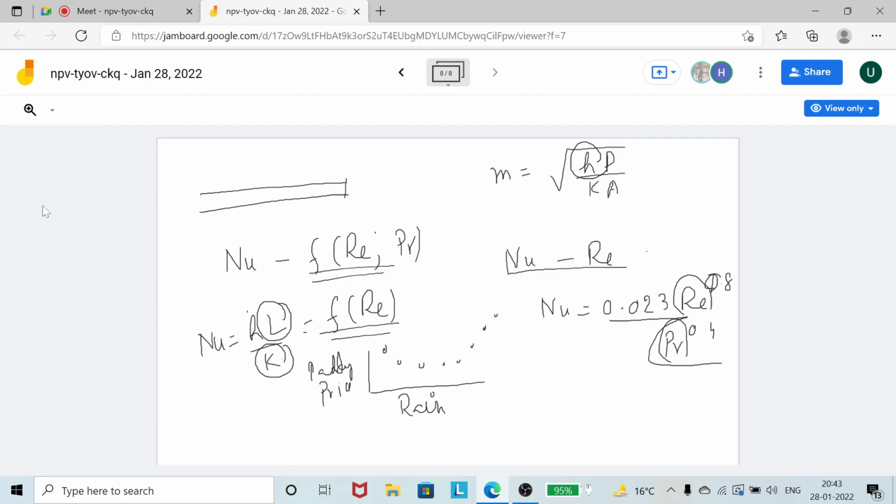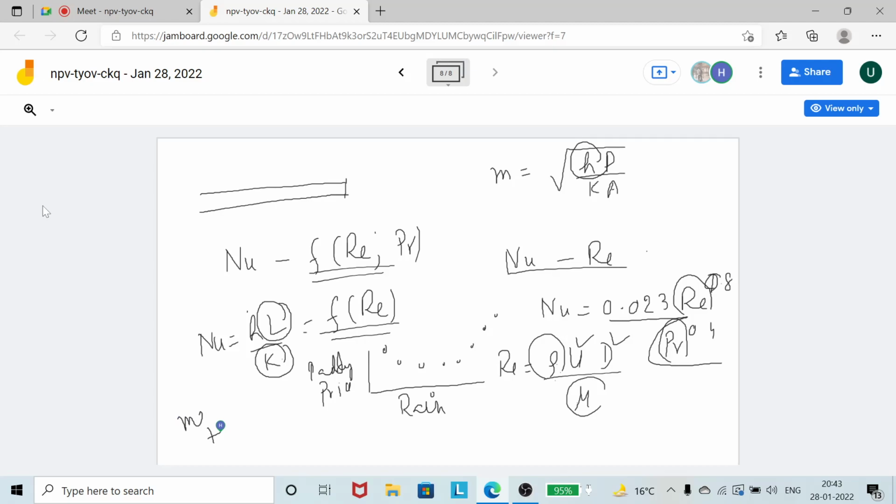So something about the correlation is how to calculate Reynolds number. So rho, the velocity you can calculate, diameter is known, but what about rho and viscosity? You know that they are temperature dependent. So the rule is: evaluate physical property at mean temperature.